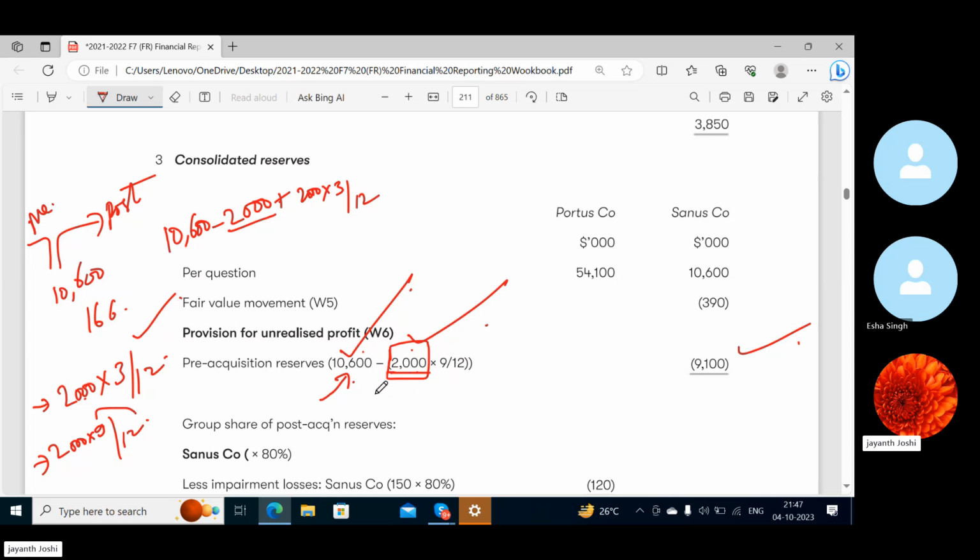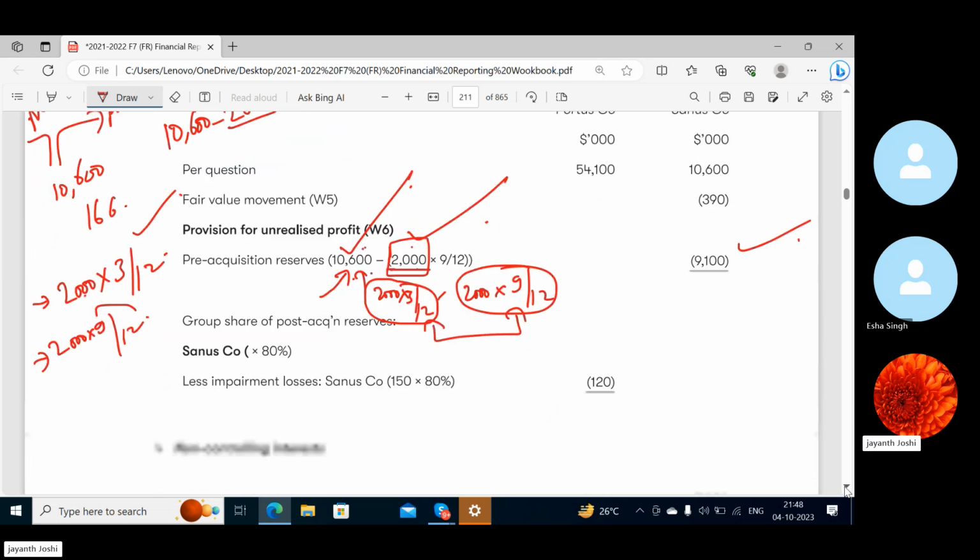That means 2000 into 3 by 12, 2000 into 9 by 12. This gives the total year's profit, right? This is the pre-acquisition part, which is already there in this. This is the post-acquisition part, which we will remove from this. So we'll get the pre-acquisition reserves. Now we have this, and then one more thing you should understand.